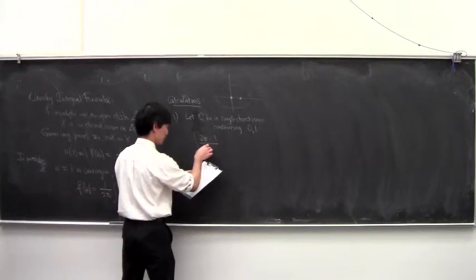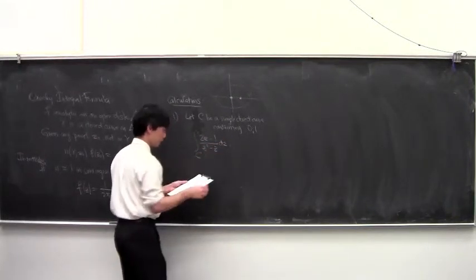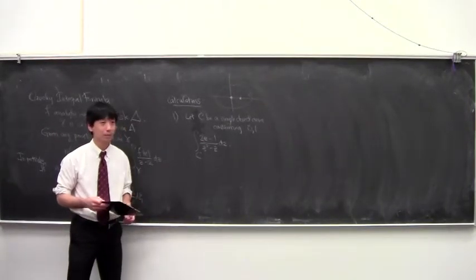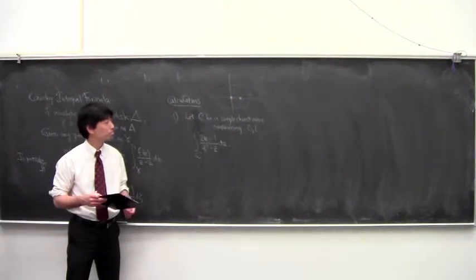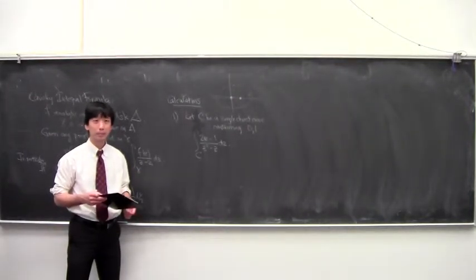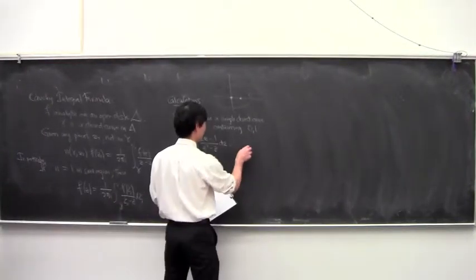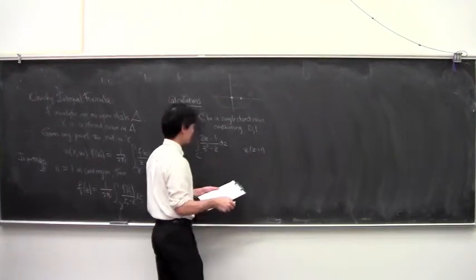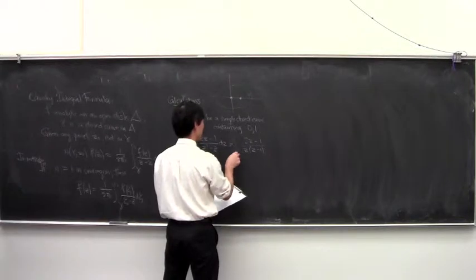Somebody asks you to evaluate this integral, and you've probably already seen some things like this in your homework. How do you do it? Factor the denominator. So I've got z minus 1, and 2z minus 1 on the top.